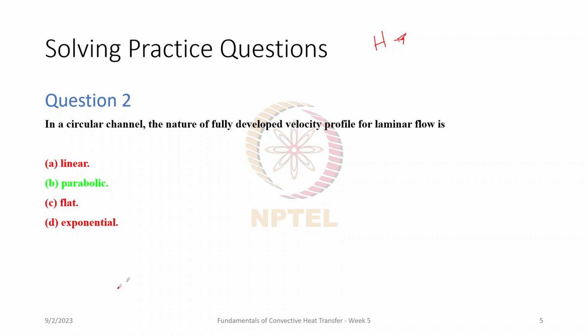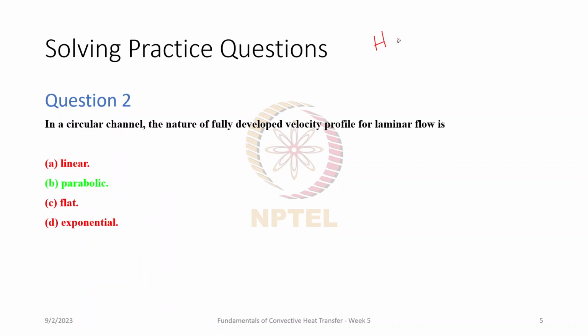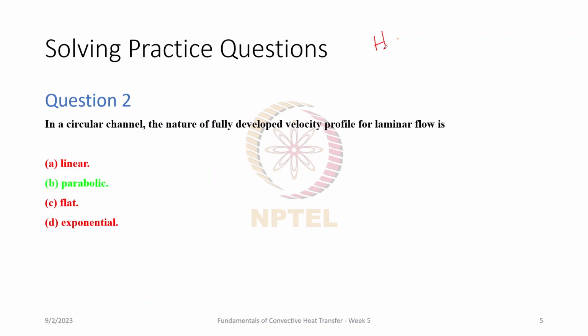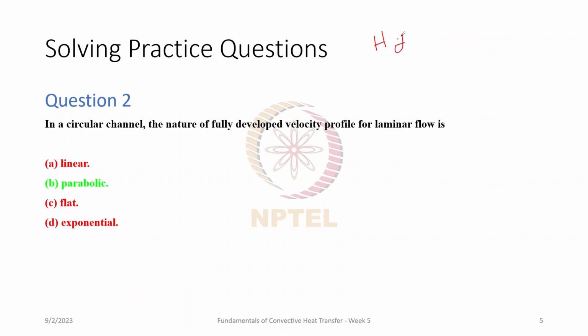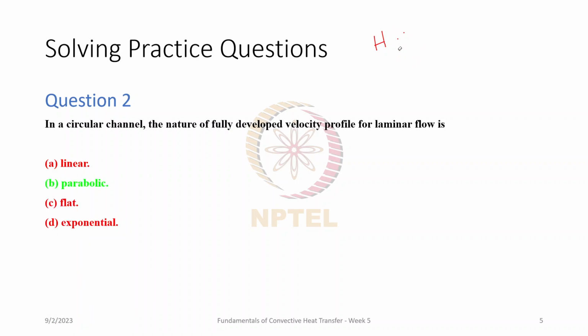Does this work better? This is really poor, man.